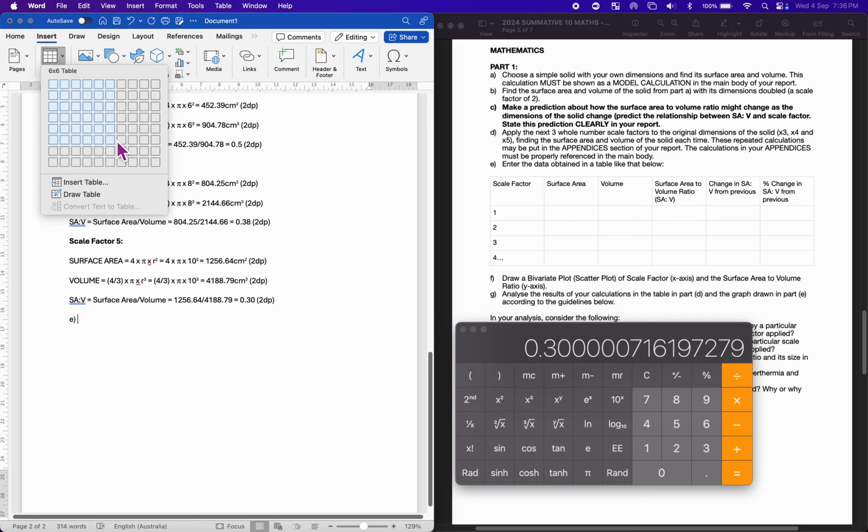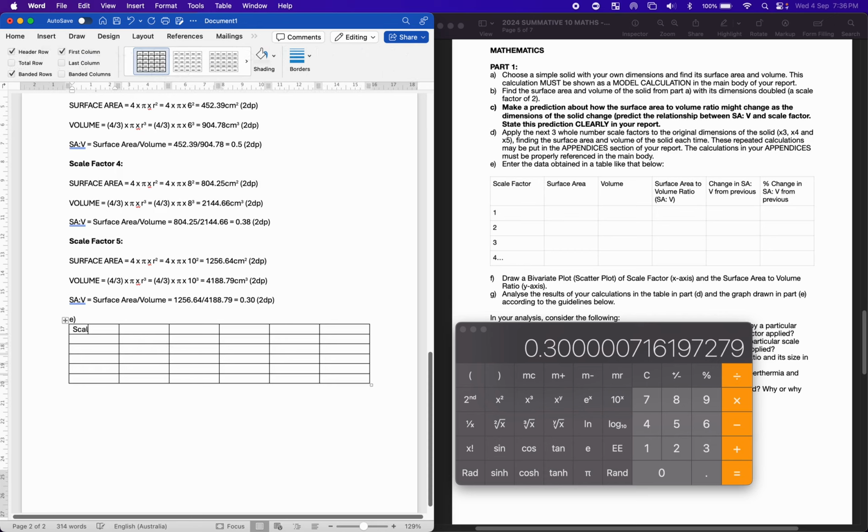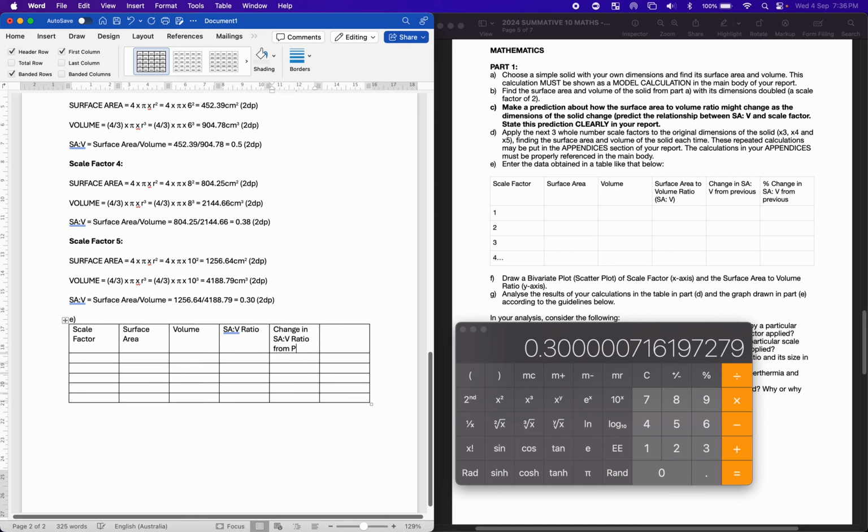Scale factor, surface area, volume, SA to V ratio, change in SAV ratio from previous, and percent change in SAV from previous. You have half of this information already, you just typed it all out.